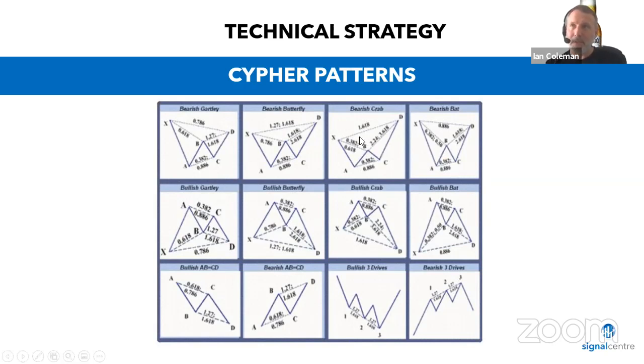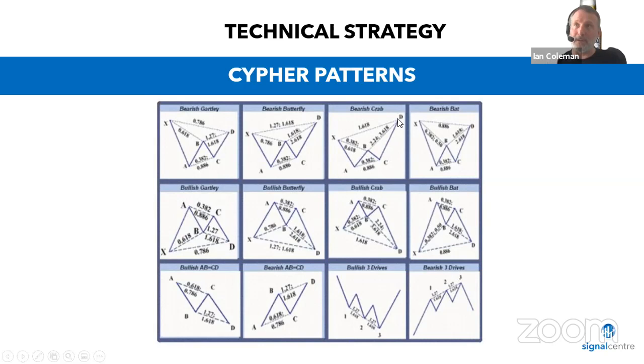Again, on the crab, the pullback level can be very mild indeed at 38.2%, or it can be quite deep, to 61.8%. So the most important factor in trading any of the symmetrical patterns is looking for the confluence area at the end of the D leg, basically.